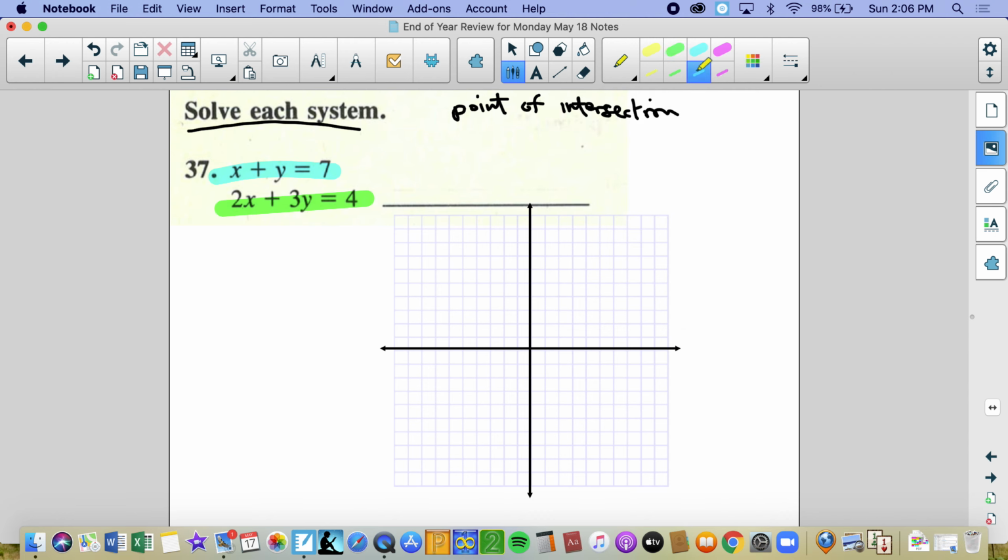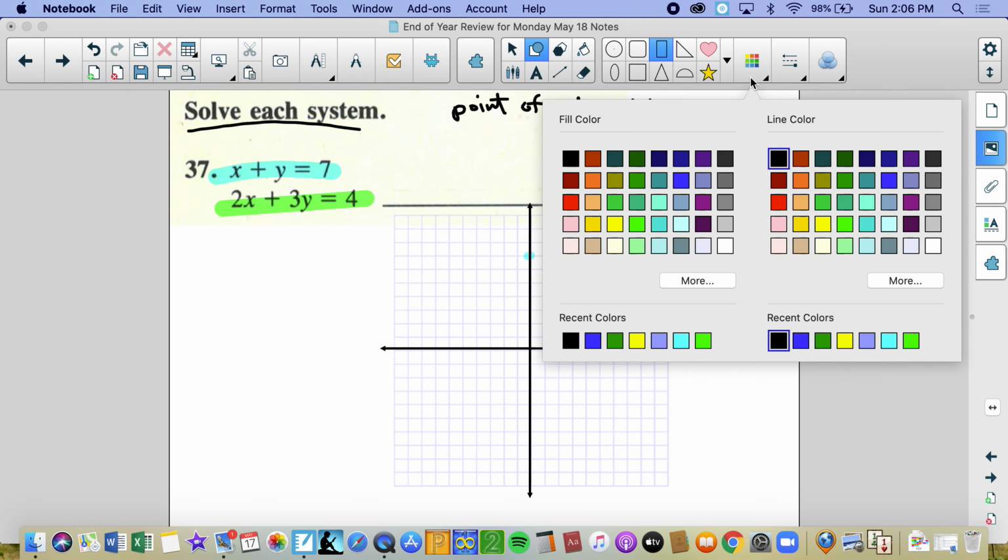So we have it in standard form, so let's use the intercepts. The first equation, our x-intercept is going to be 7. Our y-intercept is also going to be 7. Remember, we cover the x up. Let's do this so you understand what I mean.